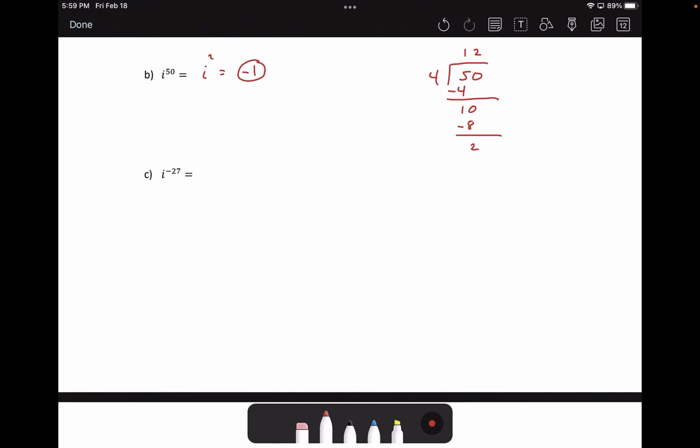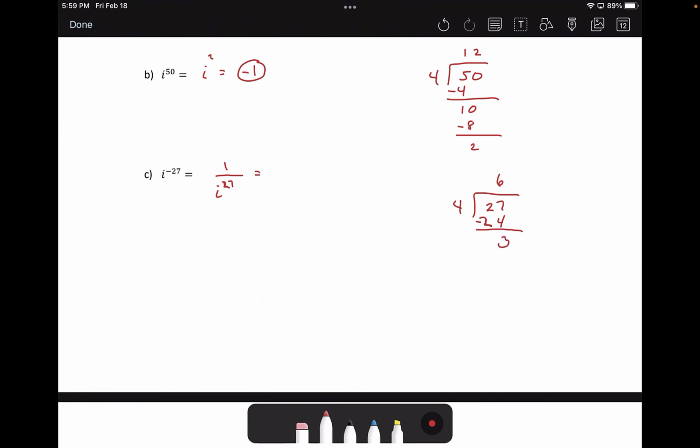i to the negative 27. The first thing we want to do is remove the negative sign. So we're going to take that i to the denominator, and that will remove the negative sign. And so now let's take care of the 27 like we have been doing. 4 goes into 27 6 times. Multiply, we get 24 with a remainder of 3.